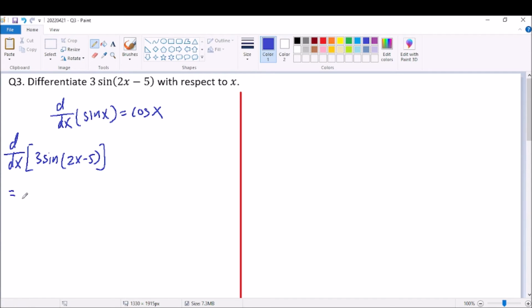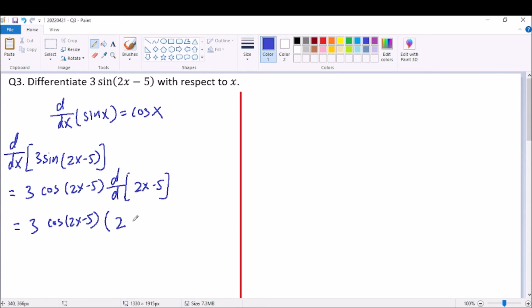We have 3, differentiate sine x is cosine x, so we have cosine (2x minus 5). Now we differentiate the inner expression 2x minus 5. So we have 3 cosine (2x minus 5). Differentiate 2x is 2, differentiate 5 is 0. So we have 6 cosine (2x minus 5).